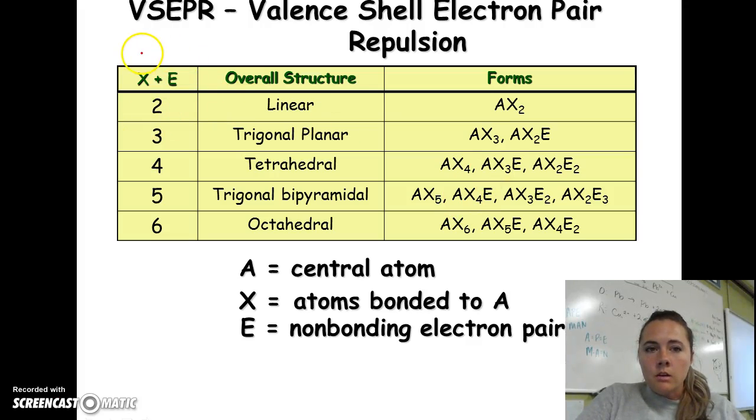So these are our domains. I'm just going to write D because the drawing is a struggle. However many bonding atoms plus unpaired electrons, when you add those up, that should be your domains. So this is the basic overall structure.